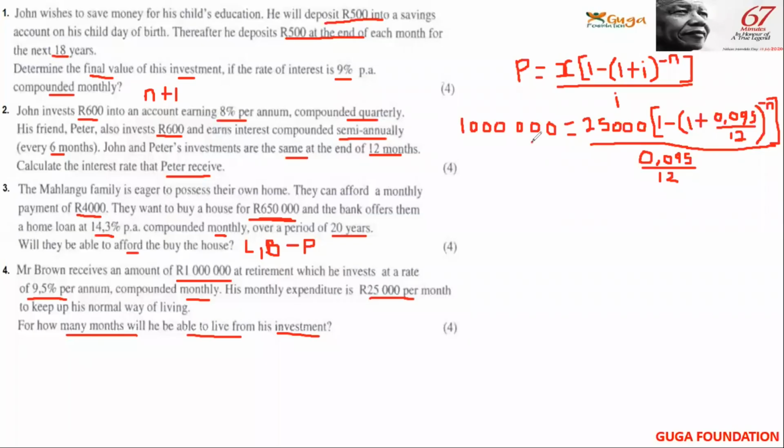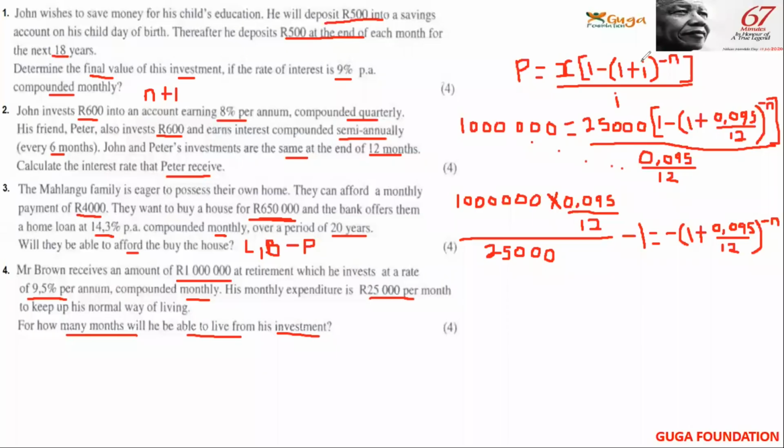So now you can cross multiply, and then after cross multiply you divide by 25,000, and then you minus 1. Note that this one here is coming from inside the square bracket. Then on the other side you'll be left with negative 1 plus 0.095 over 12 to the power n.